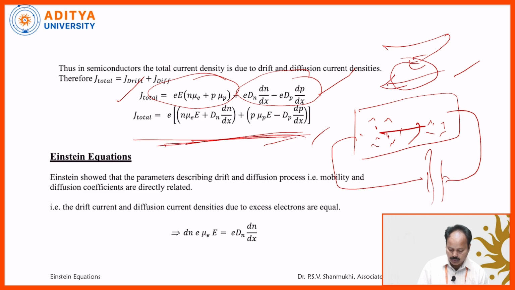That means dn into mu E into E is due to drift, and E into D dn by dx is due to diffusion. Actually this dn is the excess; instead of n, the excess carriers dn are causing the diffusion also. At equilibrium, these two current densities must be equal.